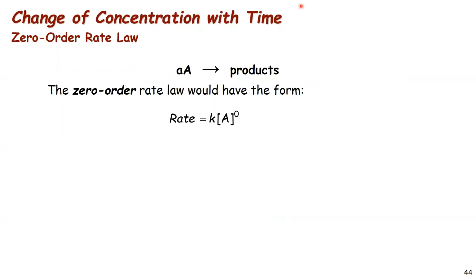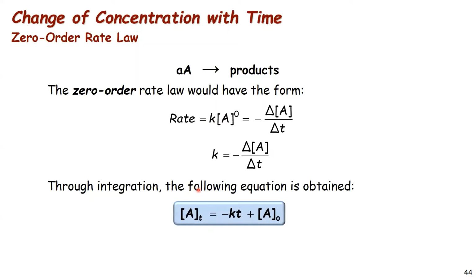And then if we have 0th order, well, of course, if we only have a single reactant, the rate is equal to k times the concentration of the reactant raised to the 0, since it's 0th order. But of course, any number raised to 0 is just 1. So that basically means that the rate law is just rate equals k, okay? So that's why this just disappears. And again, you go through and do the same calculus, right?